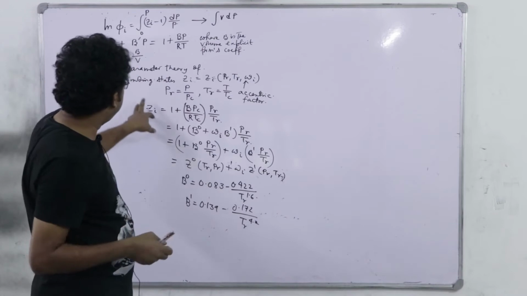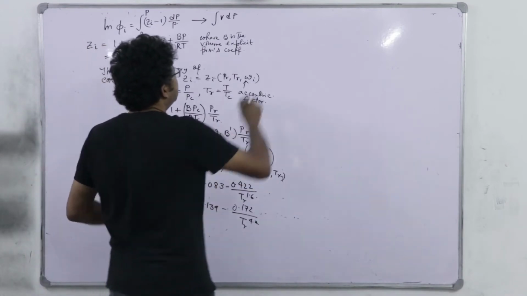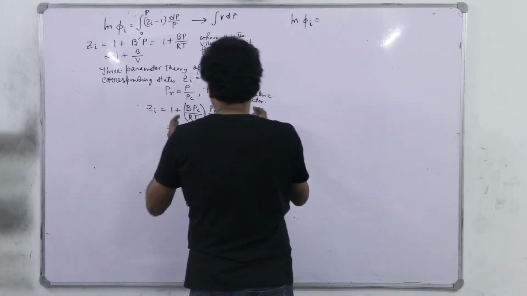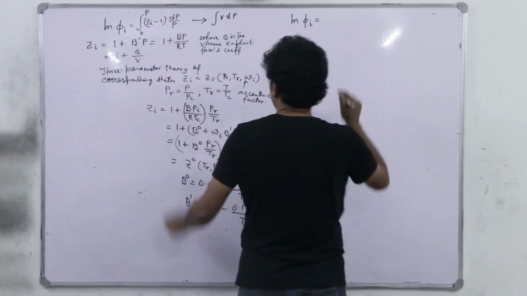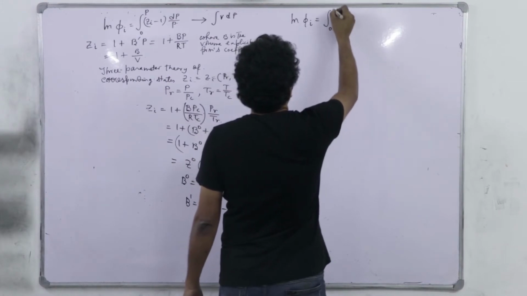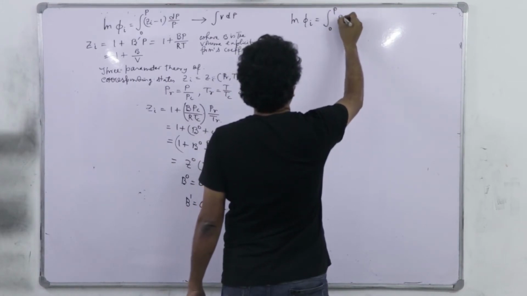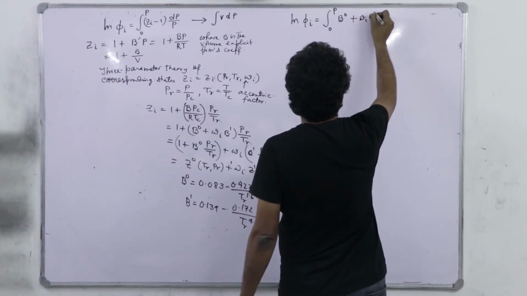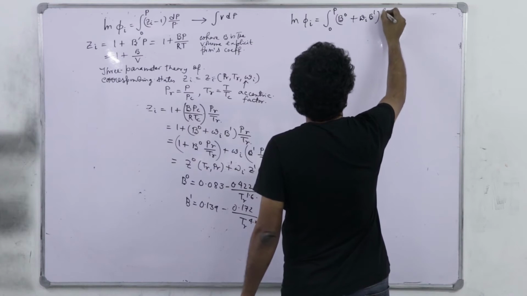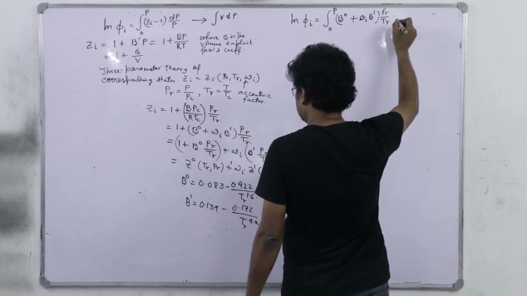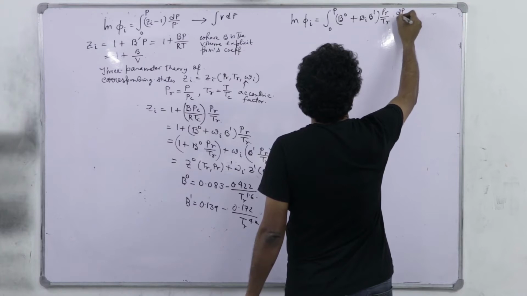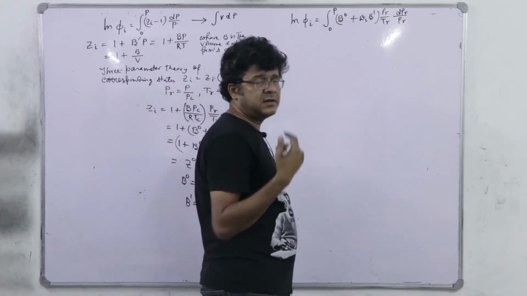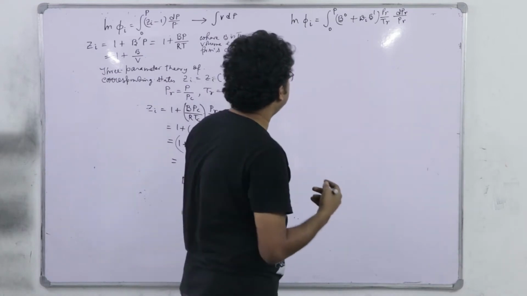Now, if I use ln phi i and this equation, Zi minus 1 is the integral from 0 to P of (B0 plus omega i B1) into PR by TR, into dP by P, which we can change to dPR by PR because PC in the differential and PC in the denominator cancel out.